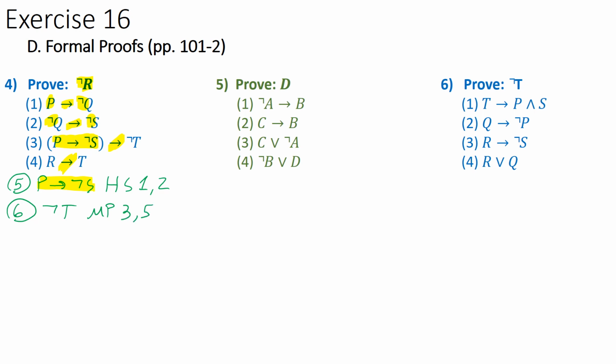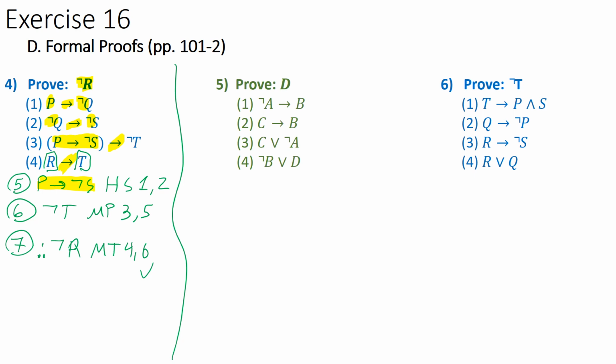But because we know T is not the case, we can deny the consequent there to thereby deny the antecedent, because the consequent is necessary for that antecedent. So for line 7, it does follow that therefore not R by modus tollens with lines 4 and 6.